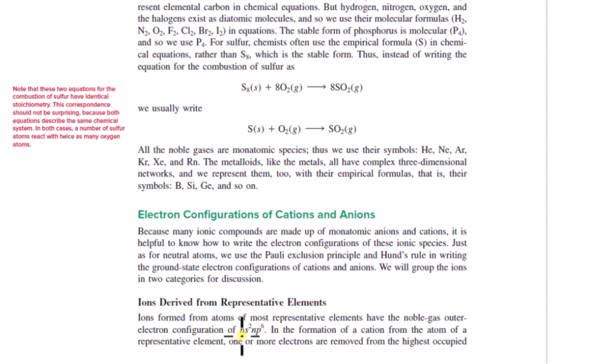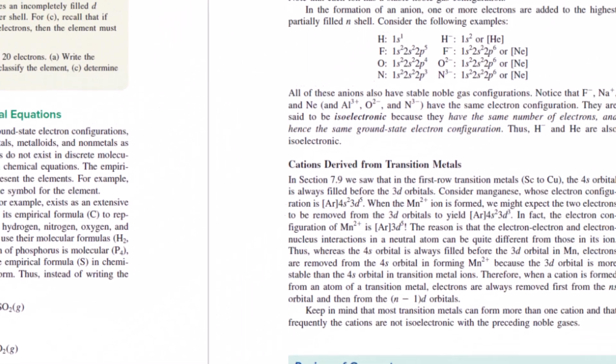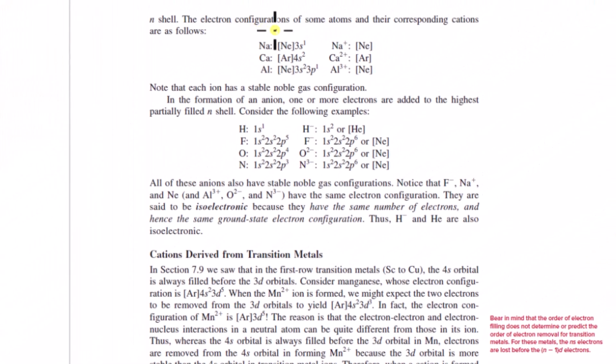The outer electrons become ns2 and np6. In the formation of a cation from the atom of a representative element, one or more electrons are removed from the highest occupied n shell. The electron configurations of some atoms and their corresponding cations are as follows.